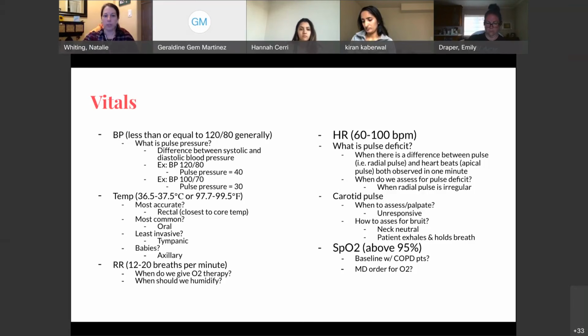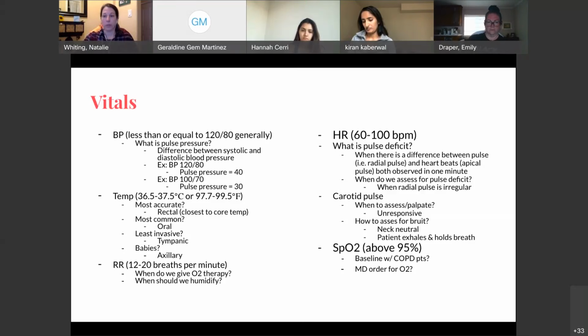So temperature, most accurate is going to be the rectal route. This is closest to core temperature. This is often used with infants because it's super important to monitor infants and especially preemies.